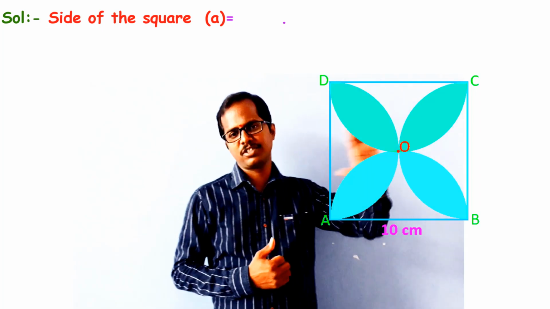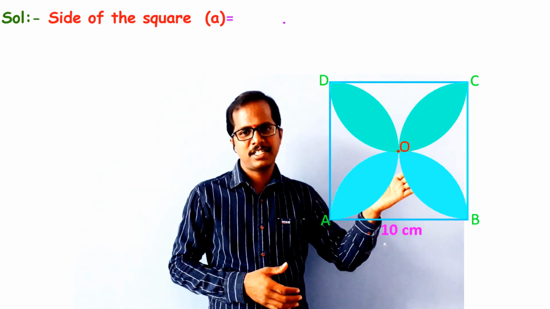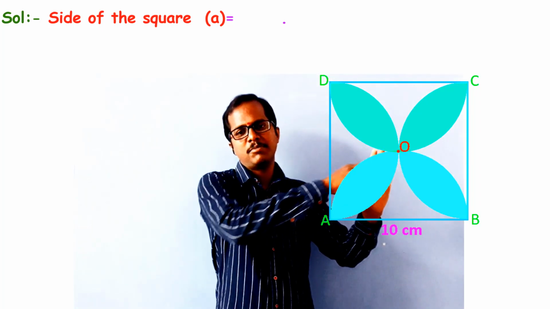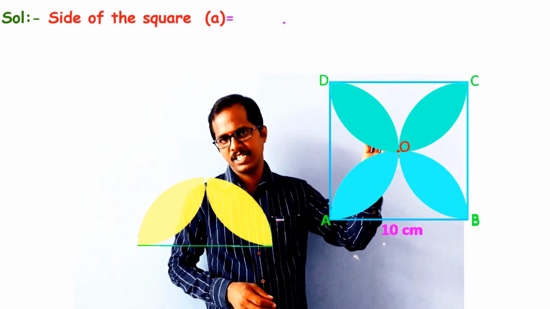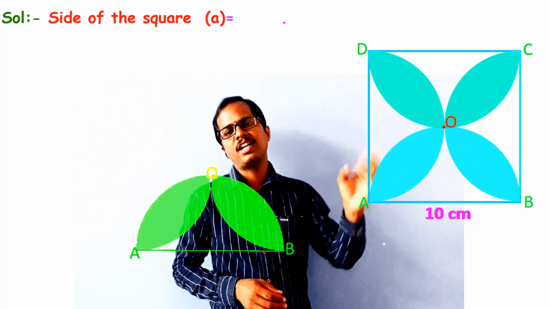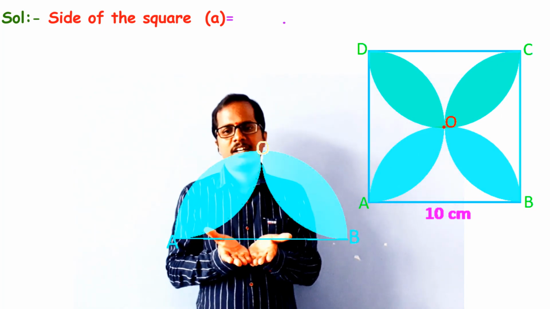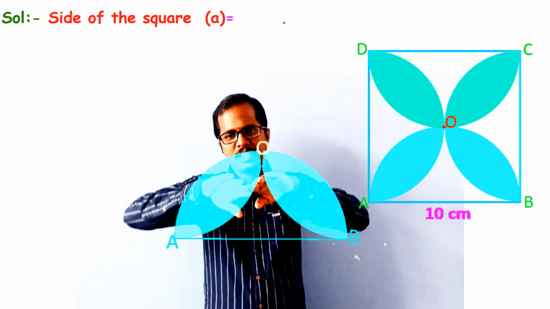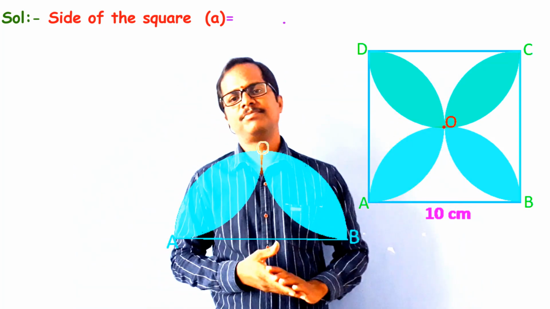So these are the 4 semicircles. Now let us imagine that the semicircle AOB is taken out along with the shaded 2 parts and 1 unshaded part. This is the semicircle AOB that is taken out from this figure.